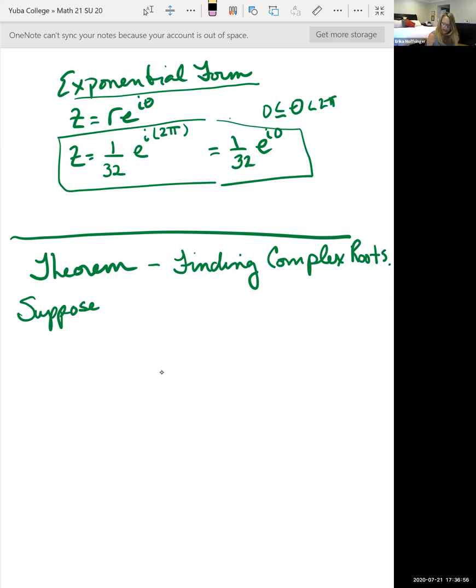So suppose that you have w is equal to r times e to the i theta, a complex number. We're given that n is a number that's bigger than or equal to 2 and is an integer.